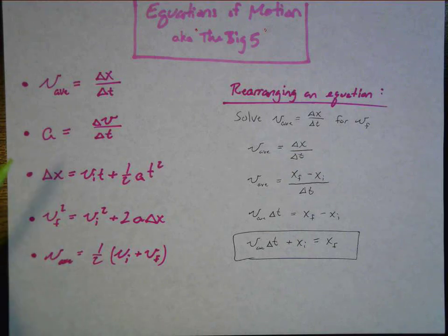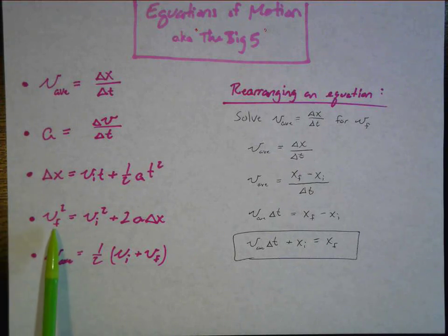Number one, for an object that is accelerating, it could be handy to have an equation that does not have time in it, no t in the equation. And so we end up with this one. Where this comes from is basically a substitution of 2 different equations, allowing us to eliminate time.